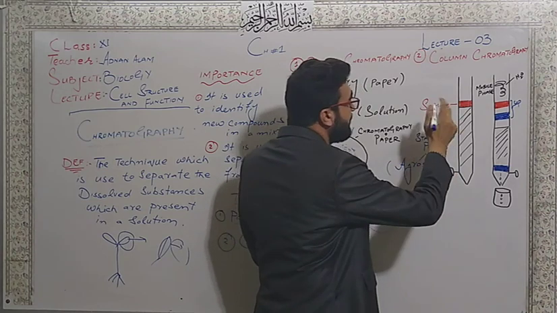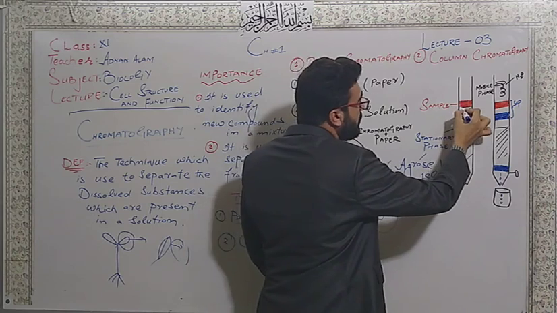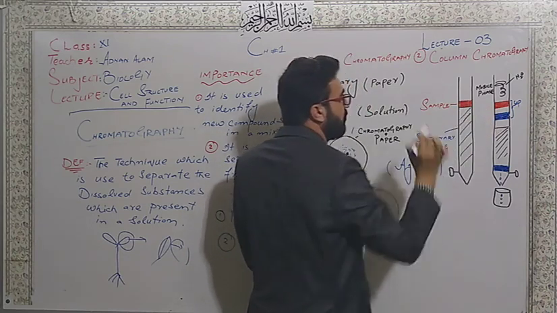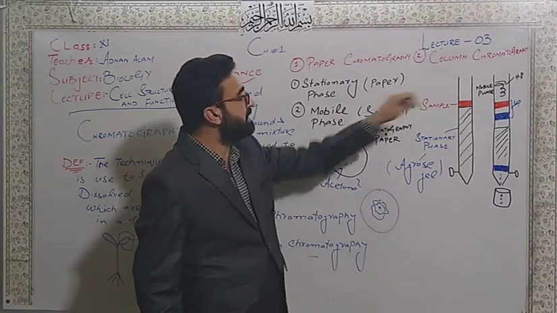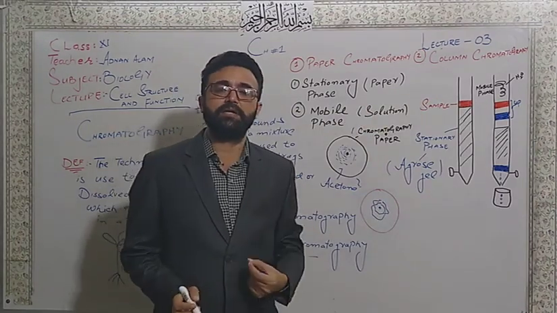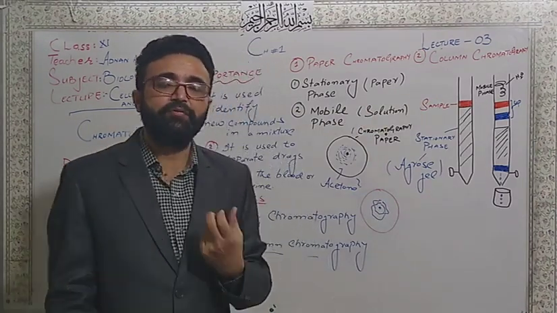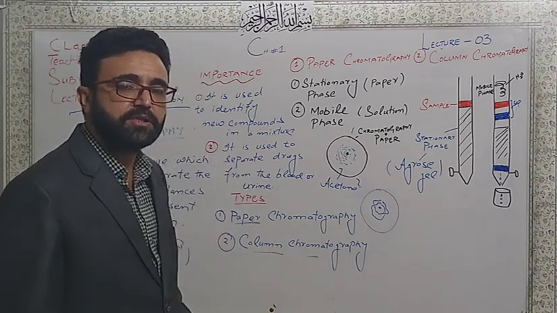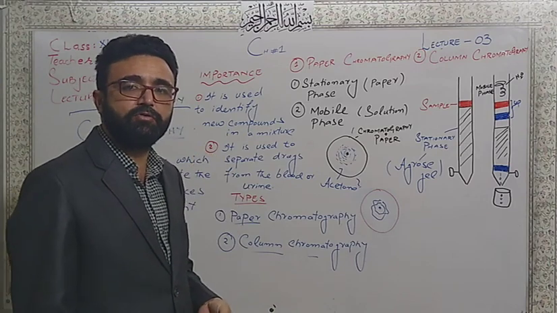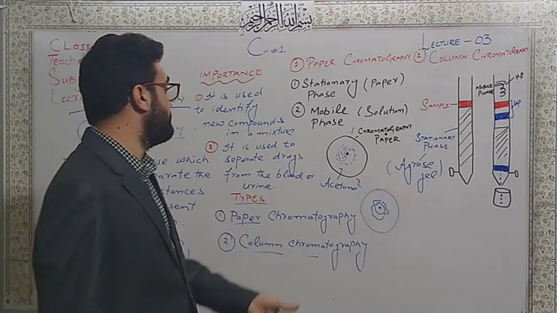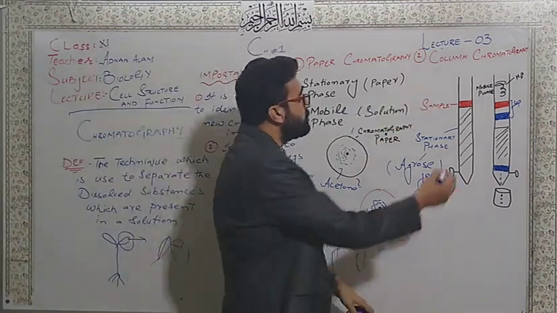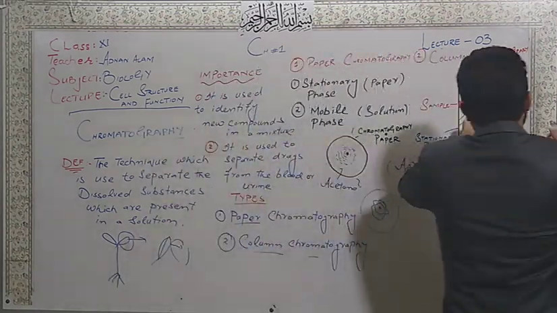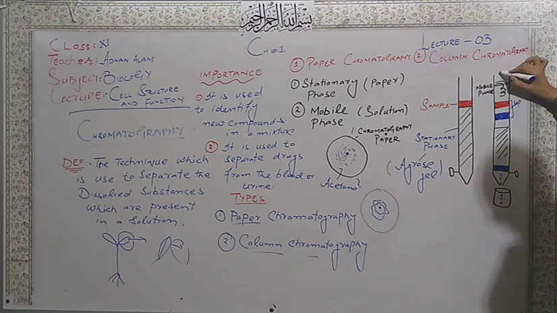It is very important that we keep the level of the agarose gel very accurate. Then we load the sample. For example, the sample is a plant extract and we want to separate different kinds of drugs, different types of compounds, different types of alkaloids that are present in the sample. So we will load the sample. Then we will put the mobile phase.